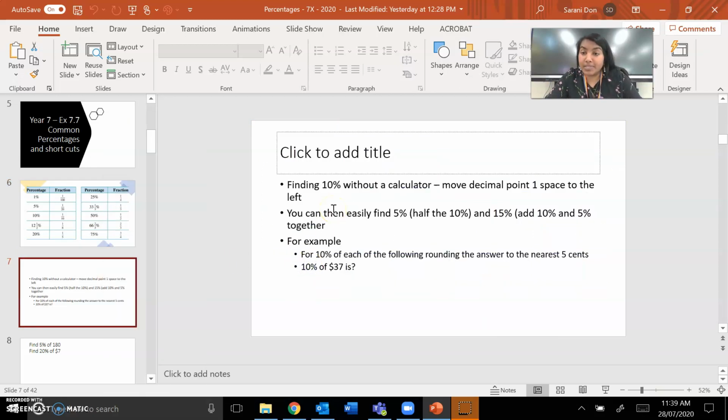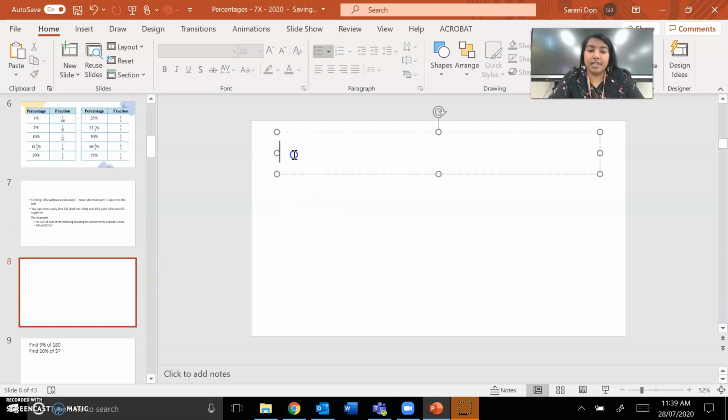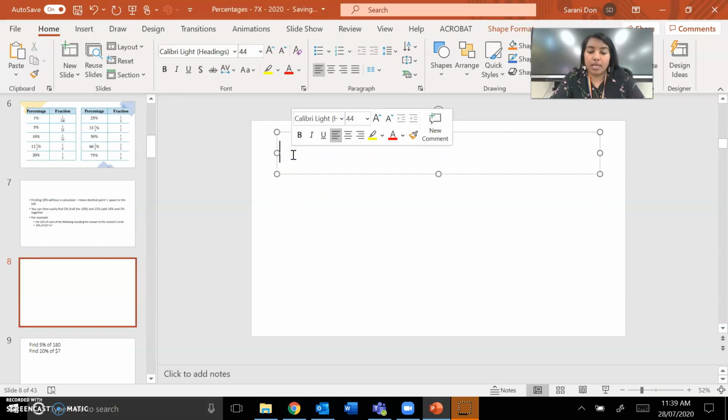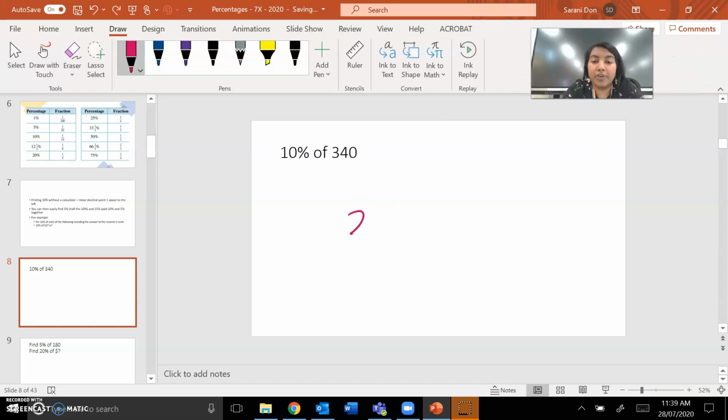So finding 10% without a calculator is quite easy. All you do is move the decimals. So what I mean is, let's say I say 10% of 340. We know that if you have 340 like this, there's a magical decimal place there.